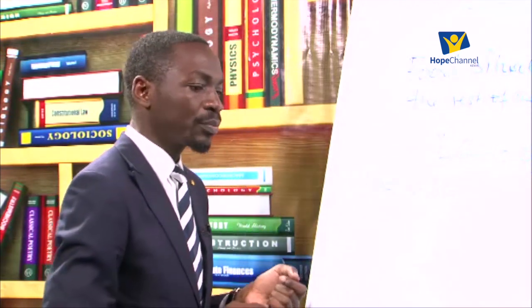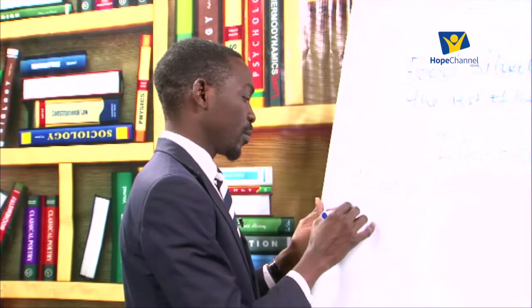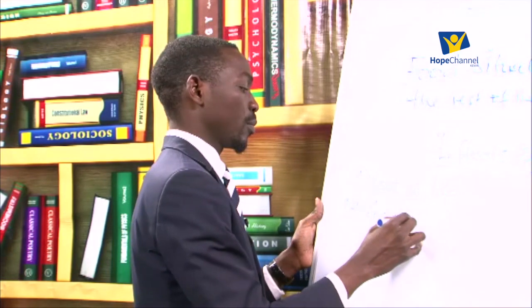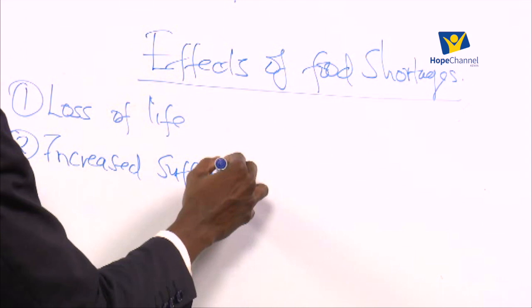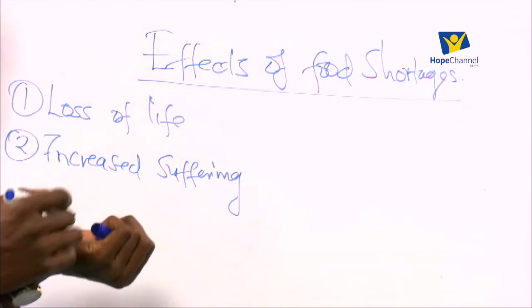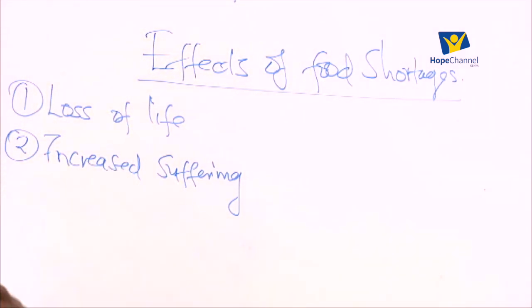The next one, we talk about increased suffering. Increased suffering among many people due to diseases which are caused by deficiency. They're called deficiency diseases. So you realize that most people from the third world countries are malnourished because they lack enough food.